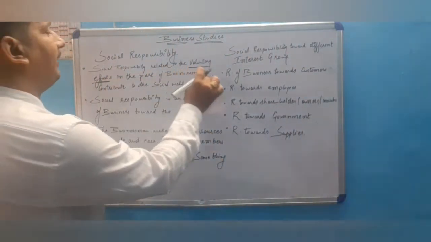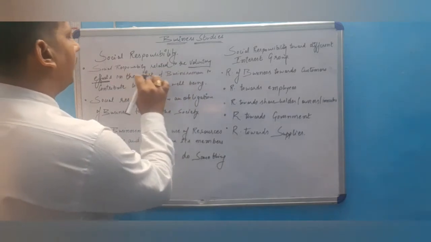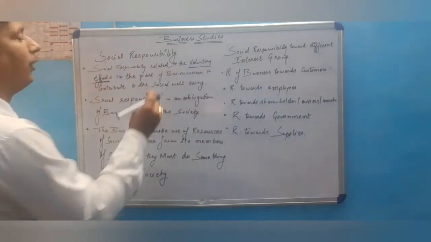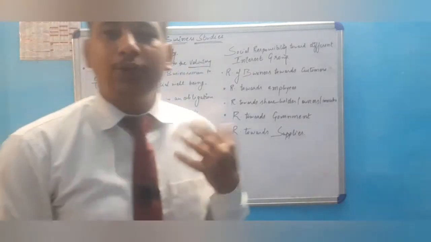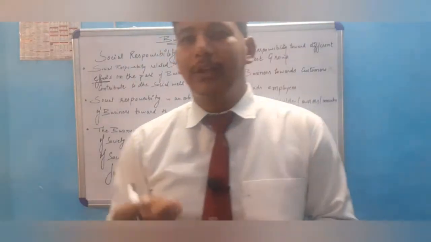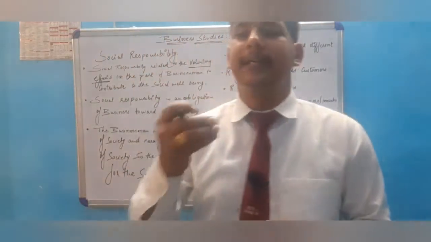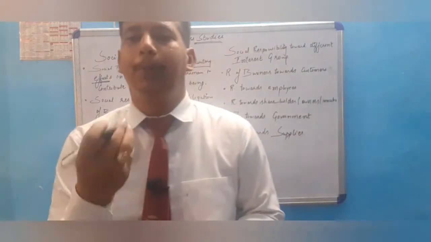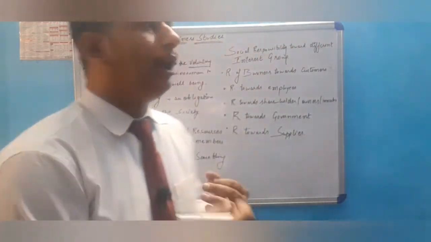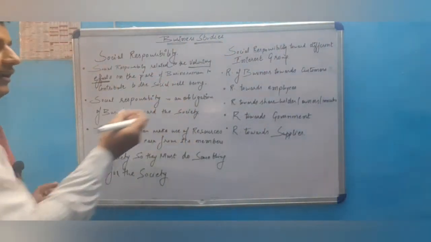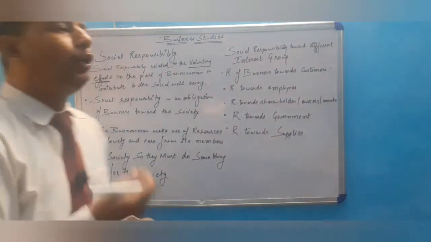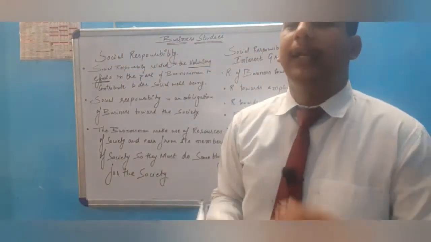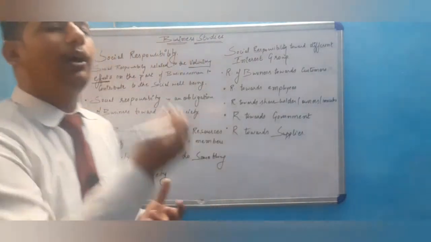He contributes to the well-being of the society, because he is using the resources of the society. So it's the responsibility of a businessman to contribute something for the society, and he does it voluntarily. Nobody will force him to do so, but he will do it for the society by himself.